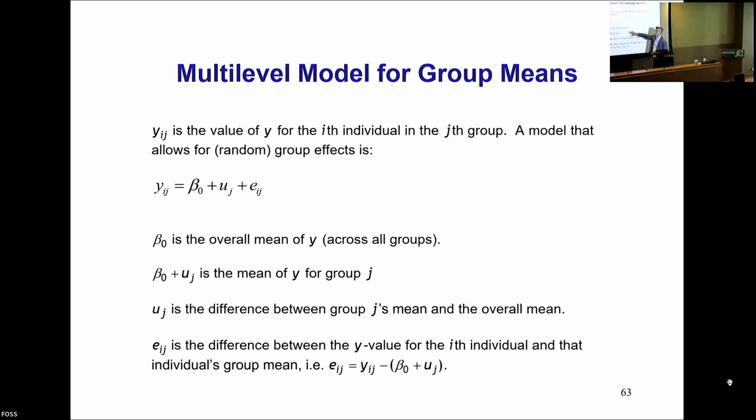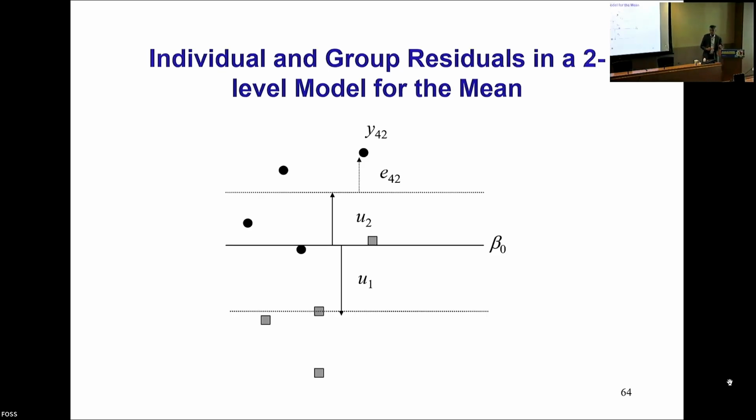And the basic multi-level model is almost identical, except we now have the ij subscripts and we have the u_j term. So this u_j term changes the meaning of the e subscript. So this e_ij is now changed, and visually this is how we represent it. This beta naught line is still the average for y in the entire data set.